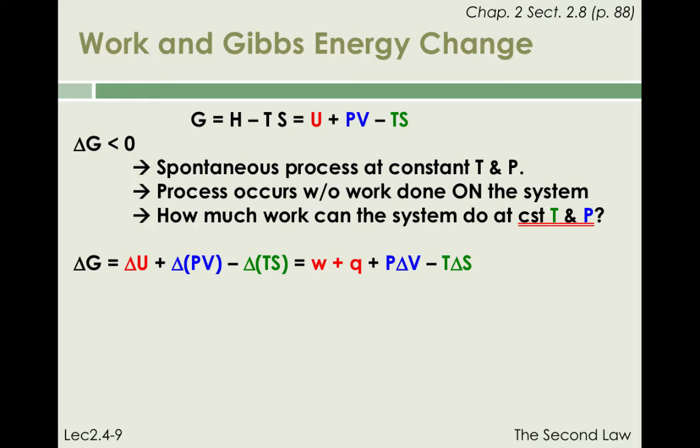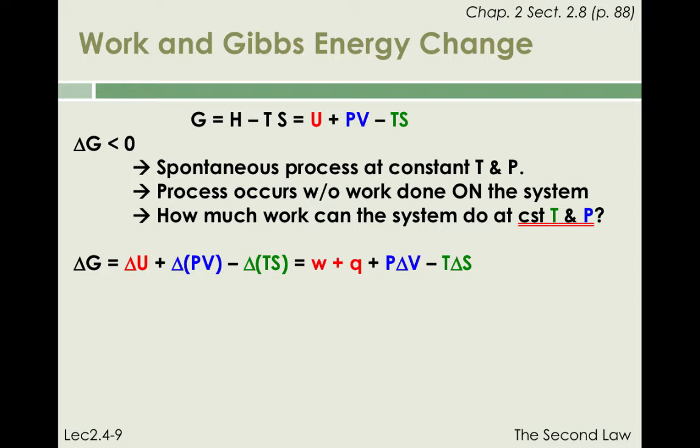This is equal to delta U plus the change in the product PV minus the change in the product TS. We indicated that we were interested in isobaric and isothermal processes, so the change in PV is equal to P times delta V, and the change in TS is equal to T times delta S.